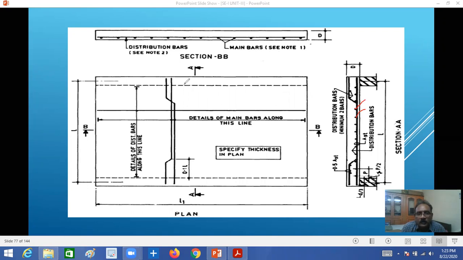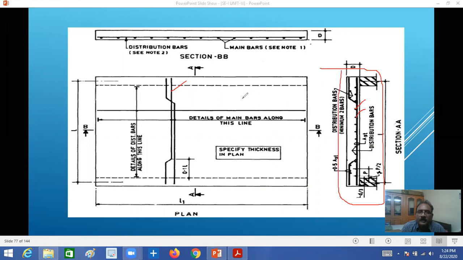Shorter span reinforcement is shown at the bottom. If you see the cross section of the shorter span, you are able to see this reinforcement. See here, alternate bars are straight and alternate bars are bent up on both sides. This is the typical cross section in the shorter span direction, right?